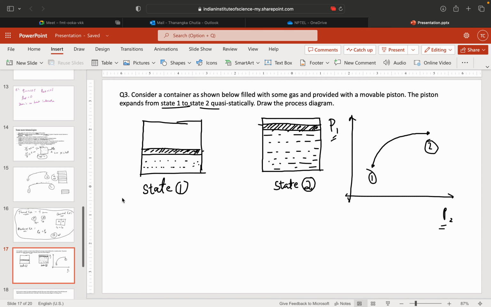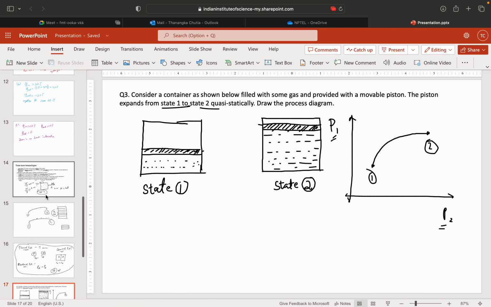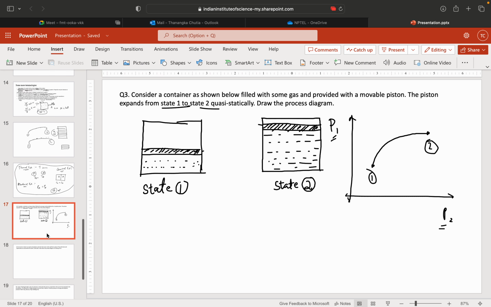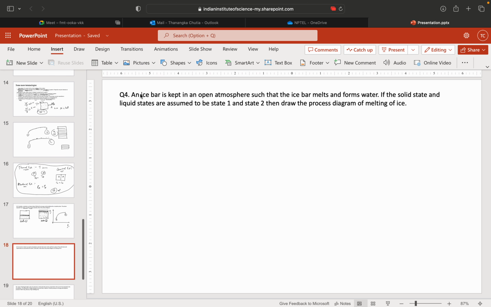Now, an ice bar is kept in an open atmosphere such that the ice bar melts and forms water.